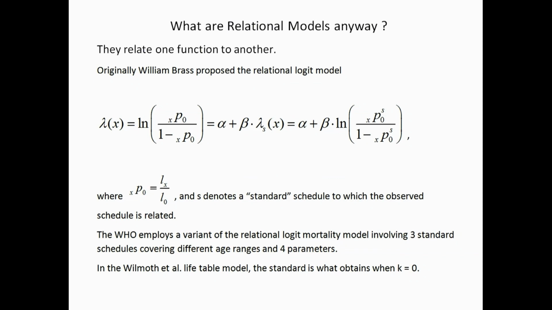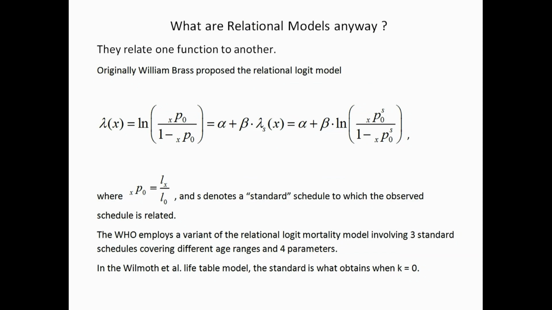And originally, William Brass proposed a relational logit model in which the cumulative probability of survival from birth to age X is related to a standard cumulative probability from birth to age X by a transformation that is linear in the logits.